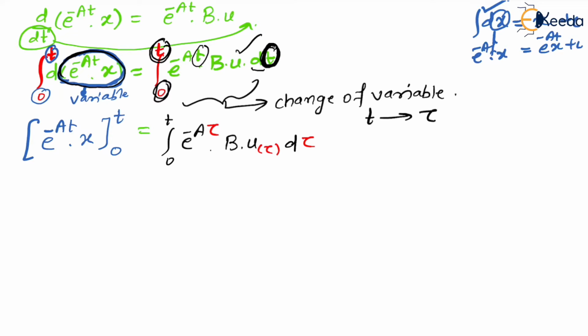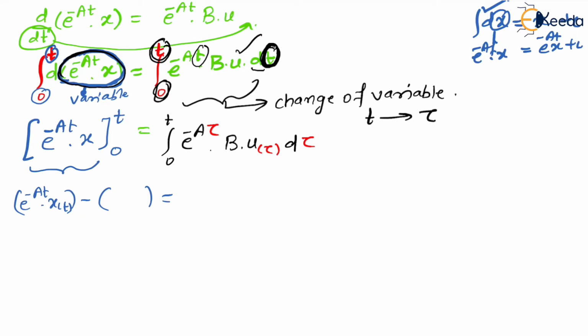Yes. Now, what am I interested in? Am I interested in these things? Now let me just apply limits over here. If I apply limits on the left hand side, what I get is upper limit minus lower limit, right? The upper limit is nothing but t. So just replace it: e to the power minus at into x of t.